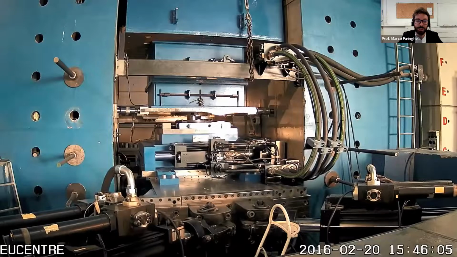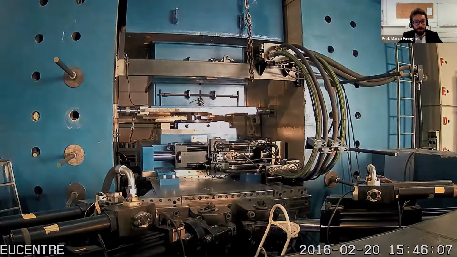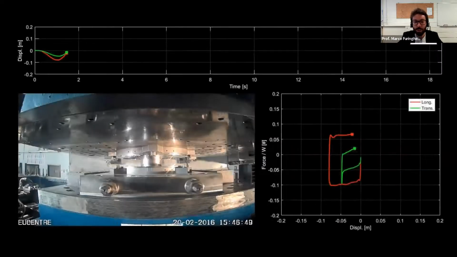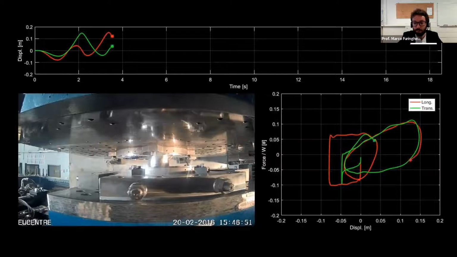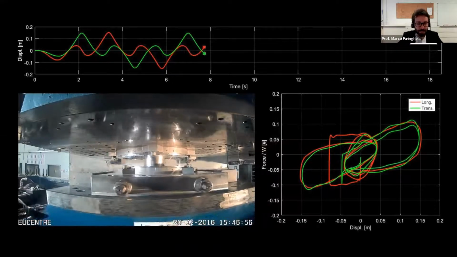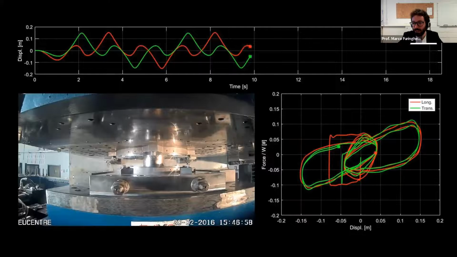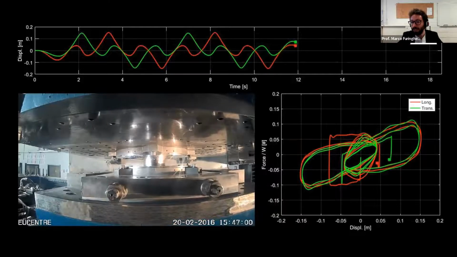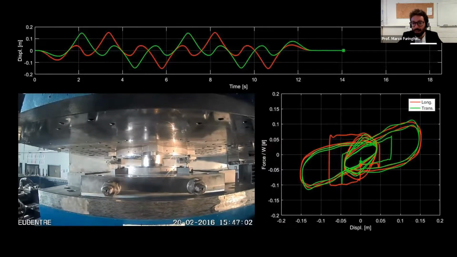This is a special setup for bidirectional motion, like the one ruled by the standard code, the Cloverleaf orbit. And this is a double concave surface slider device. You see the hysteresis loops are highly nonlinear when a bidirectional motion is applied.